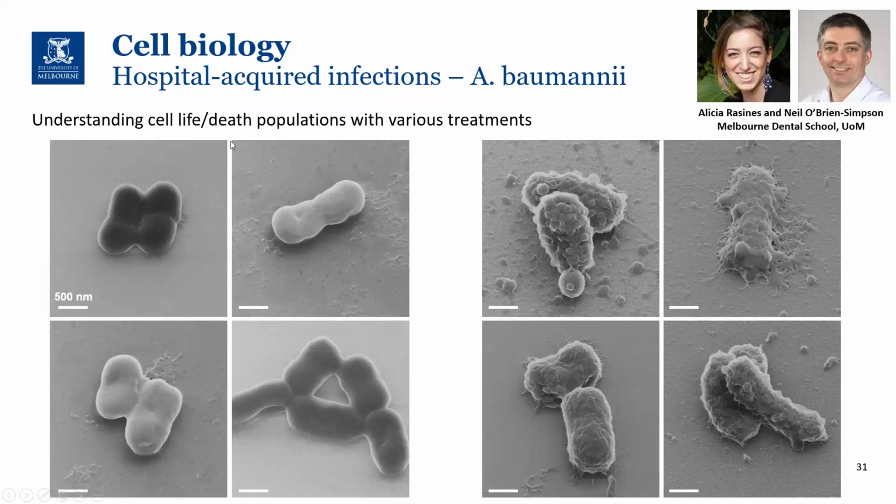On the left, we have healthy bacterial cells, and on the right, we have very, very unhealthy bacterial cells. So with different treatment regimes, we're comparing the good cells versus the bad cells and counting how many of these bad cells are there for each treatment to see which one is the most effective to treat these drug-resistant bacterial infections.